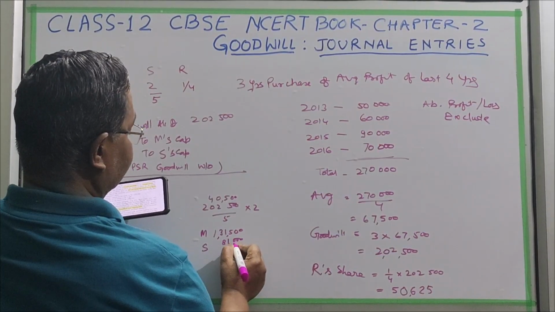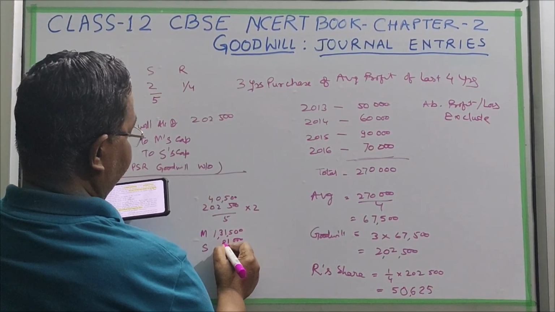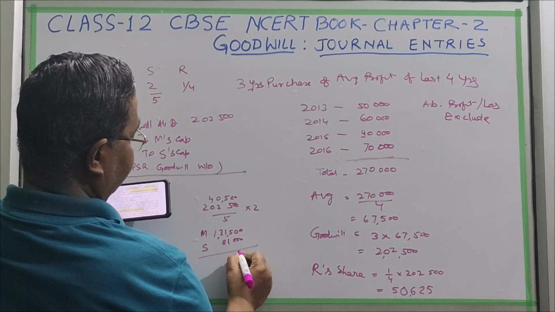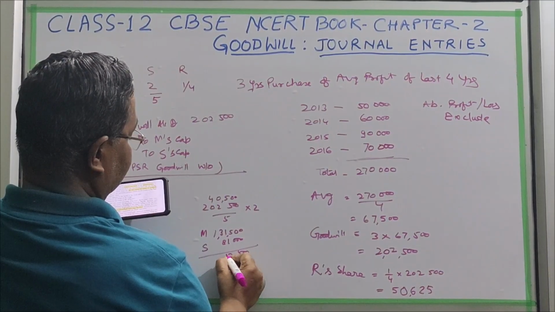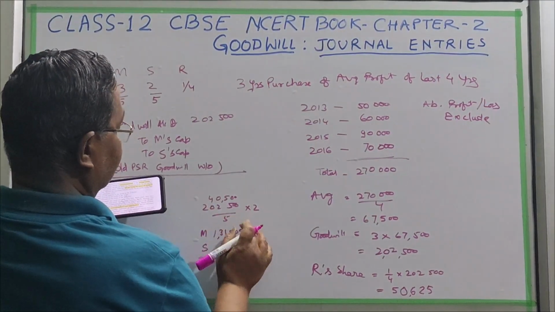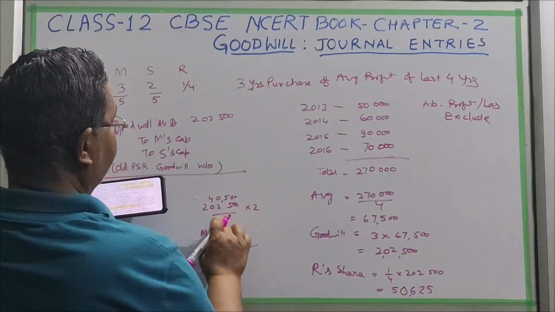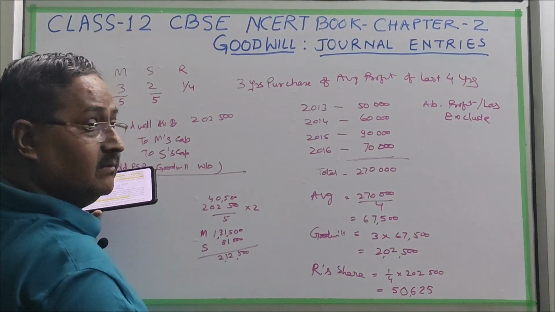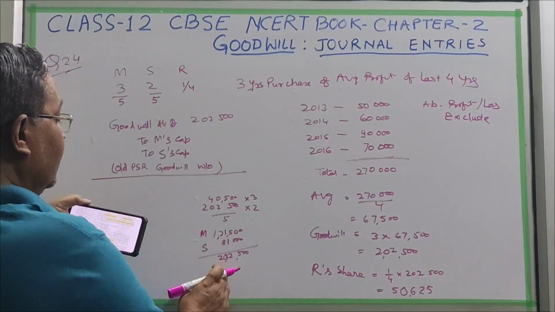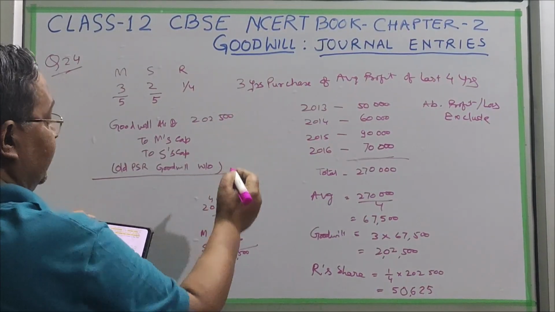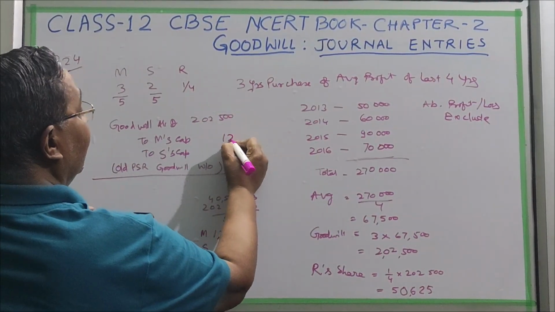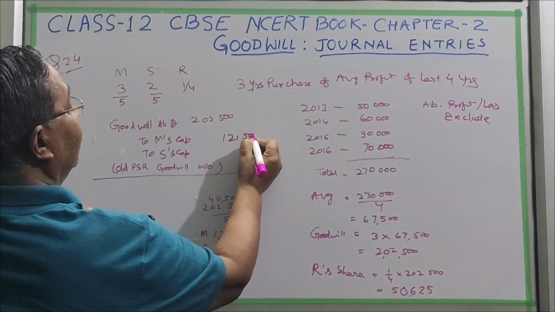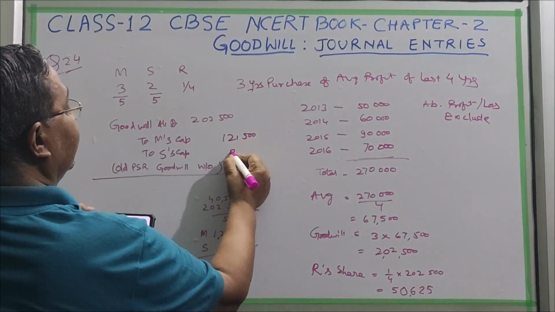The total is... I think some mistake is there. So M's capital will be debited by 1,21,500 and S will be 81,000.